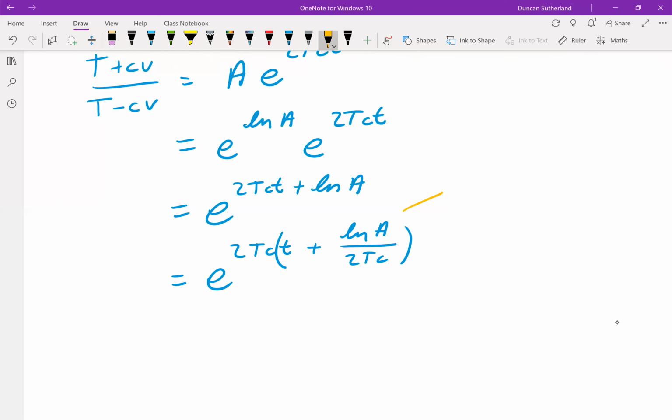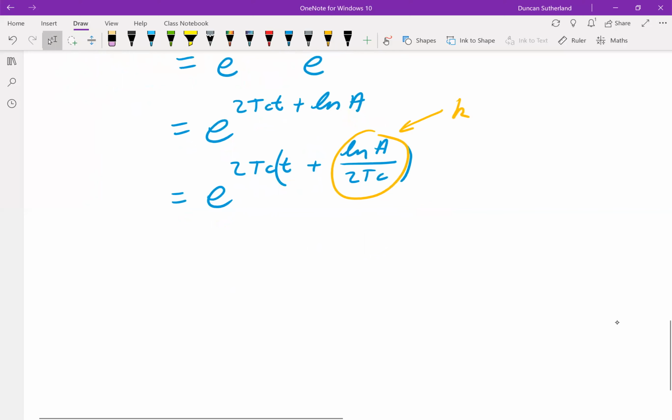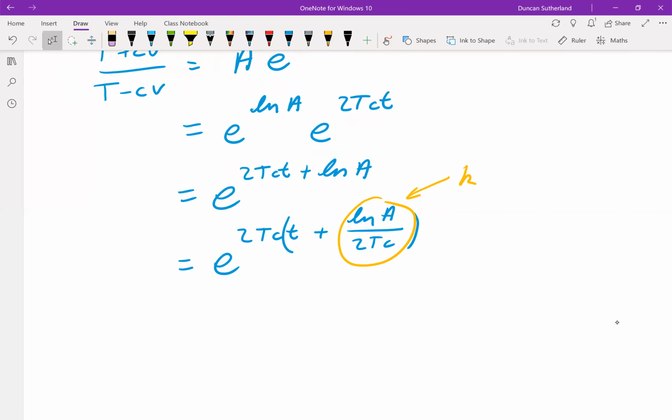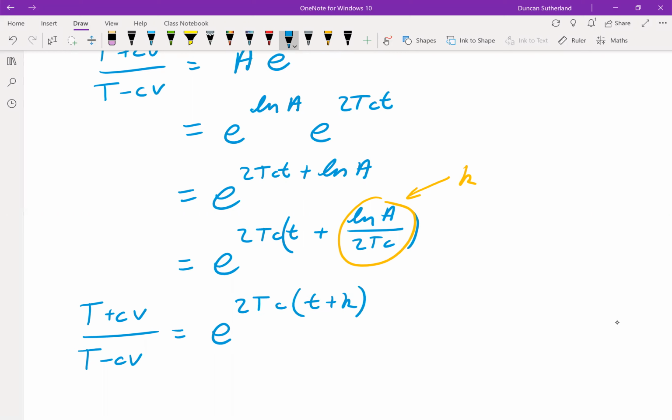Now I'm going to call this whole piece of junk, I'm going to call that K. So what I've obtained is T plus CV divided by T minus CV equals e to the 2TC T plus K.